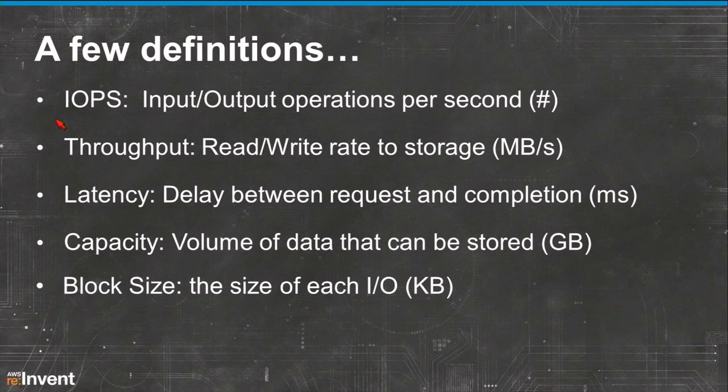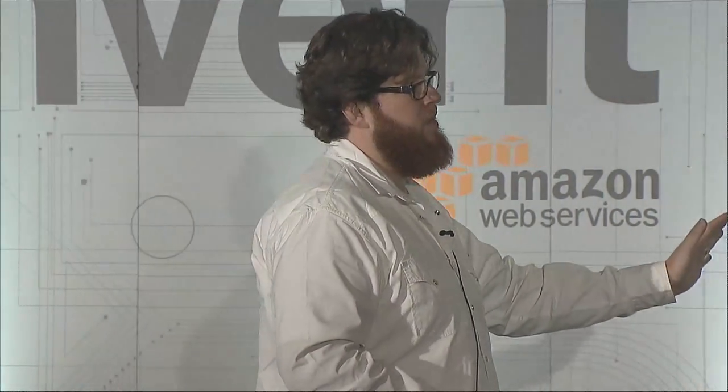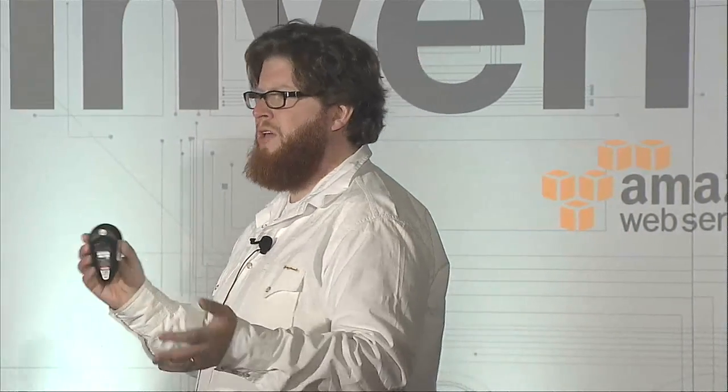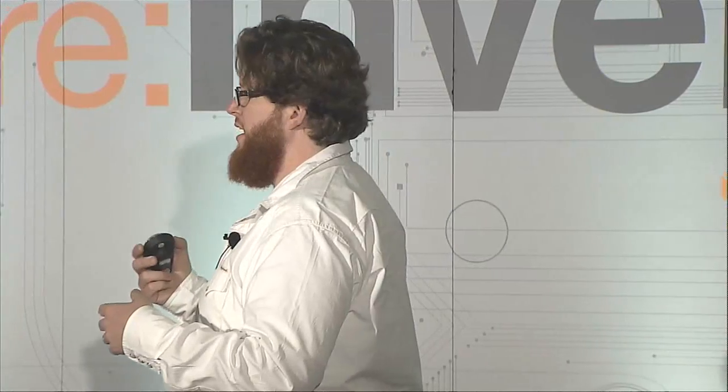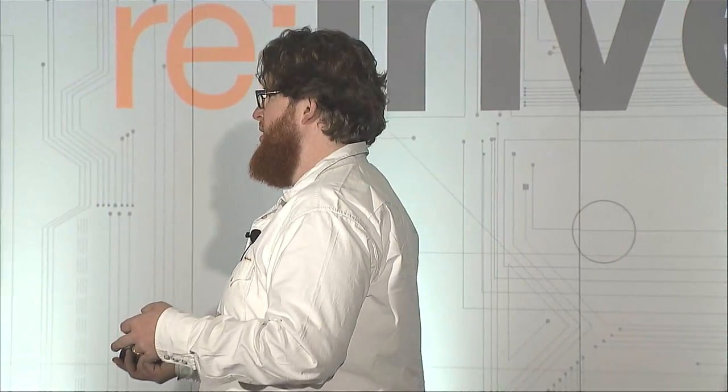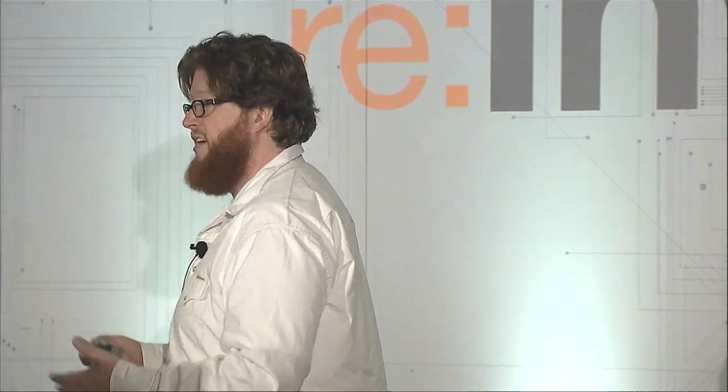That throughput happens over some kind of connection, and since the connection exists, there's an amount of latency, the delay between when you've asked for a piece of data and you get it, or when you write a piece of data and get a response that it's been written. We measure storage capacity typically in gigabytes, and a lot of the talk today will be mostly around the first three and this bottom one, block size. How do different applications interact with our storage backend at different average block sizes, and how can you optimize implementations to take advantage of that?